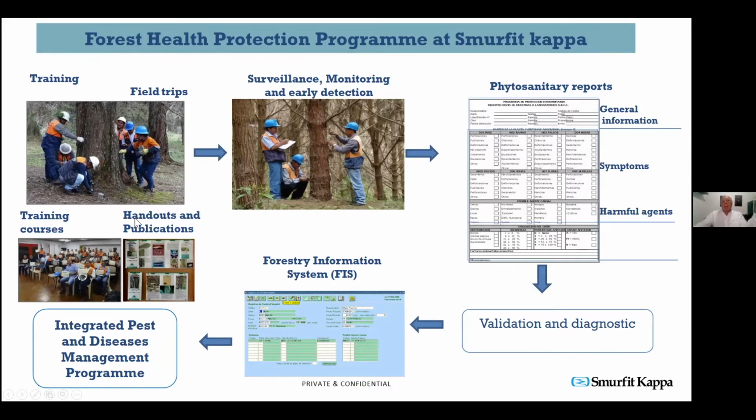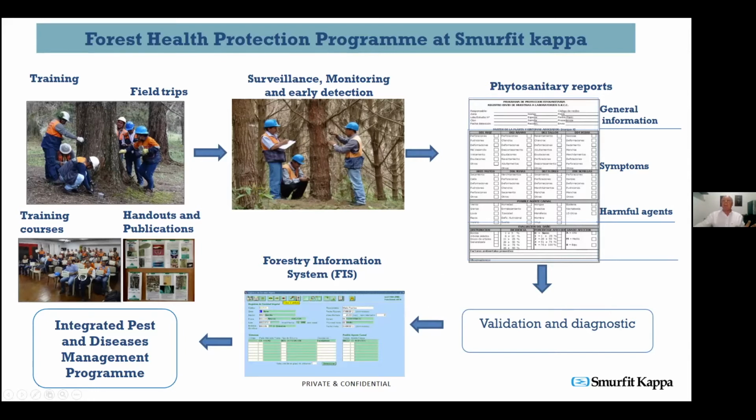Now that the people have that information, we are doing permanent surveillance, monitoring, and early detection of different events that happen in our plantation. All that information is recorded every 3 months, with 4 periods per year, and we produce a report, which is validated and diagnosed by our technicians.